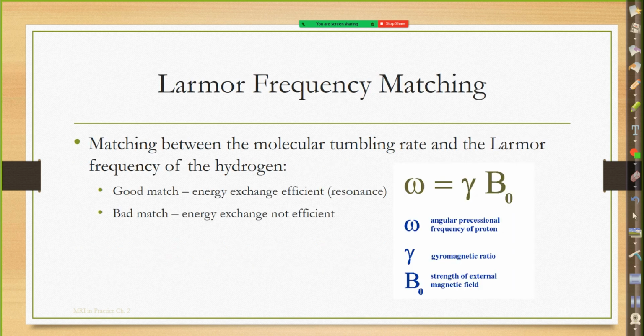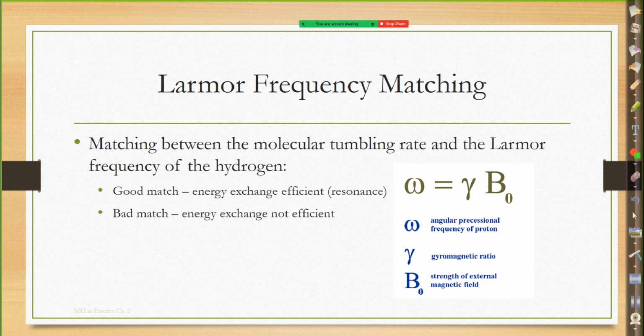And the third thing that affects T1 and T2 relaxation is Larmor frequency matching. This is when we're talking about matching between the molecular tumbling rate and the Larmor frequency of hydrogen.